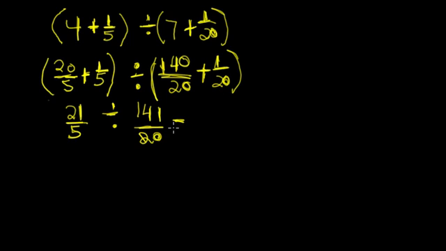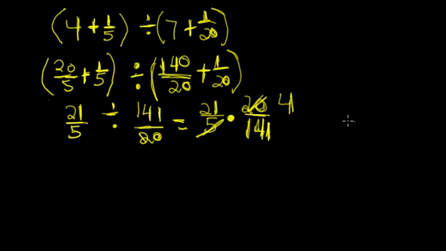which is the same as 21/5 times 20/141. We know 5 goes into 20 4 times. Let's see, 21 is 3 times 7. Does 3 go into 141? Well, 3 goes into 14 4 times?